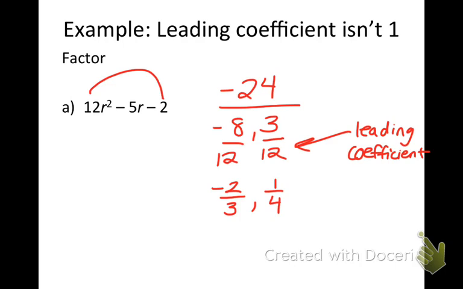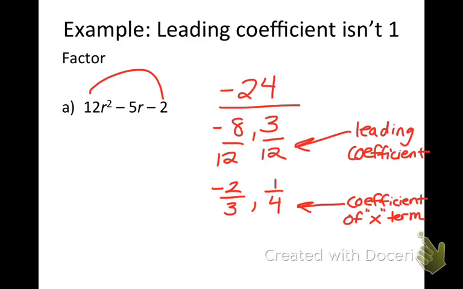Okay. Now, the number that is in your denominator is going to end up being your coefficient of your, I'm going to use x term, but it's always whatever the variable is. So your first term, whether it's a, whether it's r in this case, your x term.